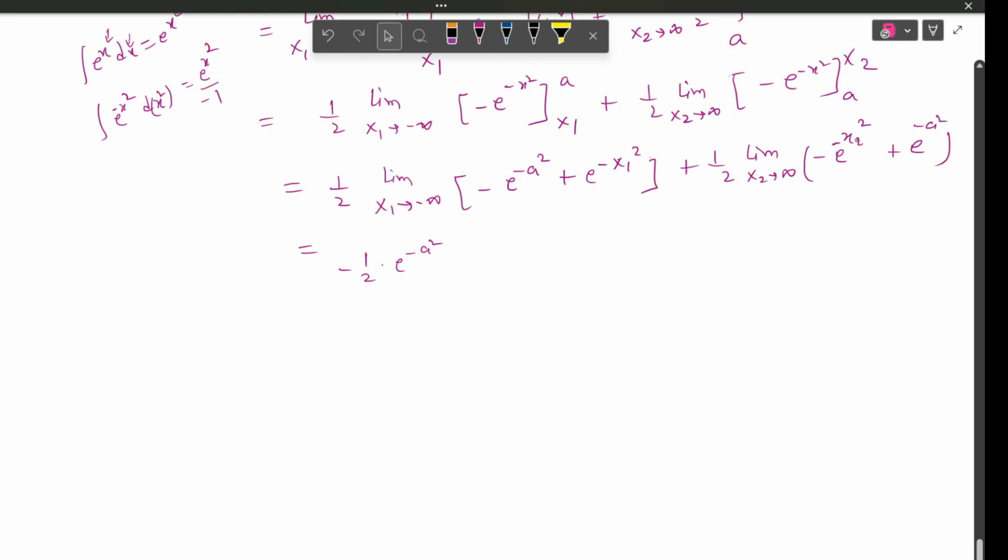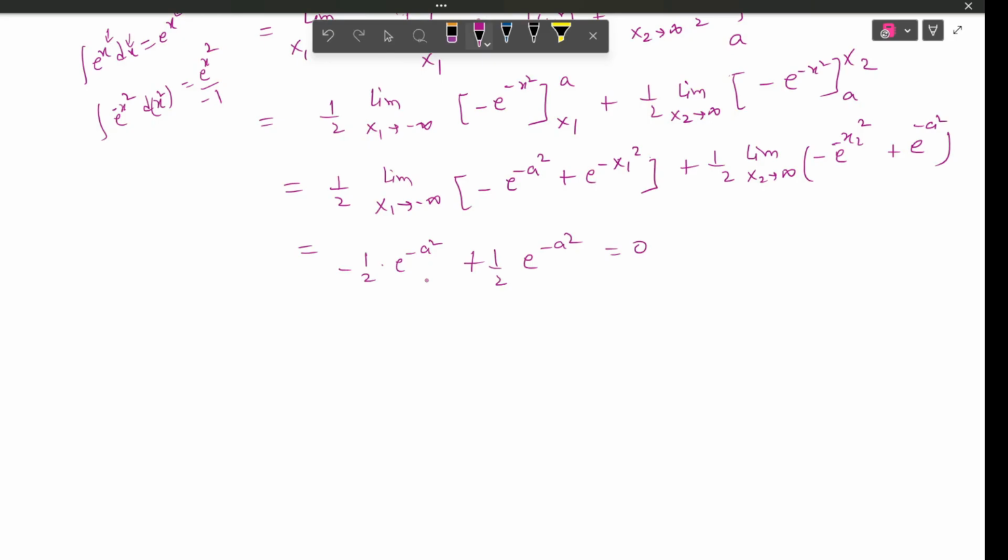So e to the power minus infinity is 1 by e to the power infinity, that is 1 by infinity, that is 0. So it would be half of e to the power minus a square, it will give 0. Okay.